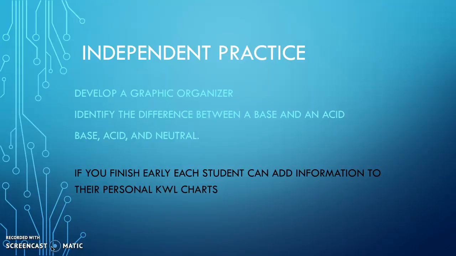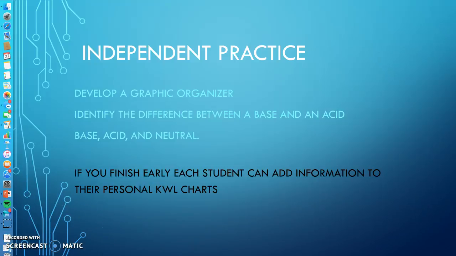Also, if my students finish early, they can add any information to their personal KWL charts. I will have my students keep KWL charts as another formative assessment, because I really do want to see and understand what they're learning and whether they're actually understanding the material.